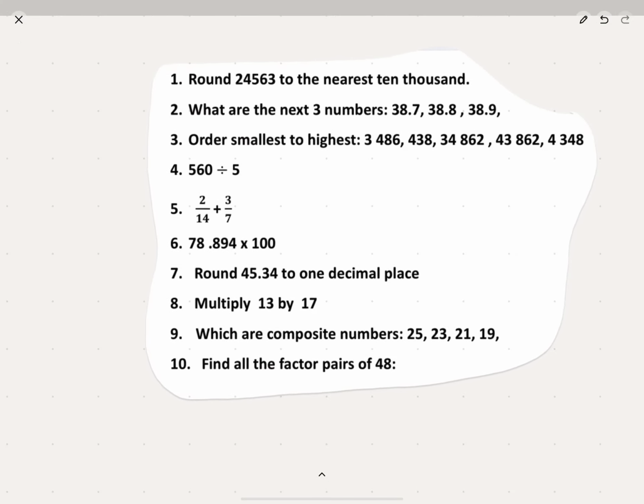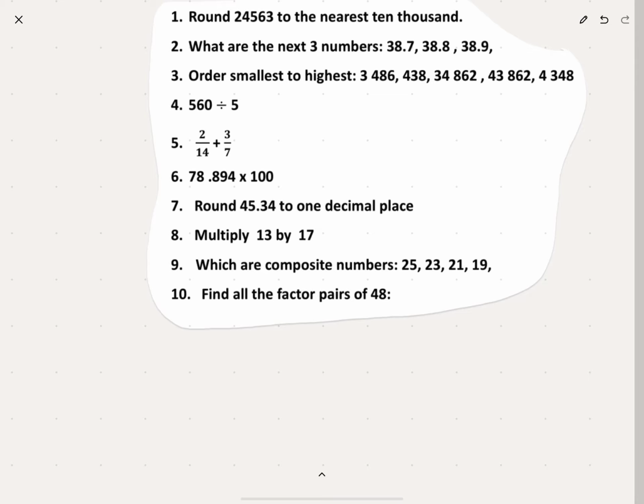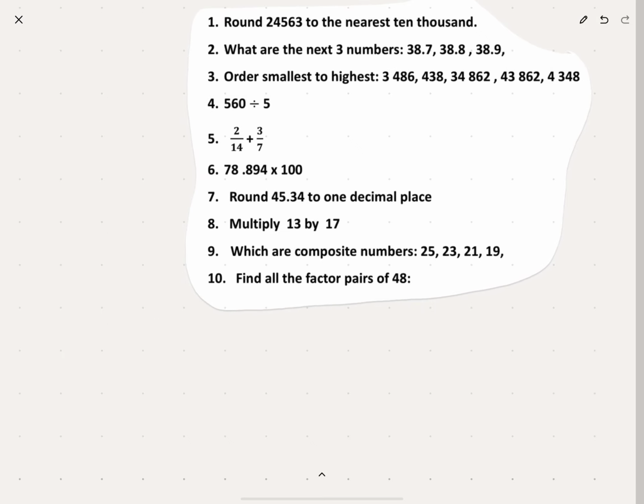Oh, I hate these ones. Right, order smallest to highest. I said those out funny. Smallest to highest is first of all worth remembering. The amount of you who do highest to smallest, because you've forgotten which way around, is criminal. So I'm assuming that the commas are the separation of numbers. So you've got 3,486, 438, 34,000 and something, 43,000 and something, 4,000 and something.